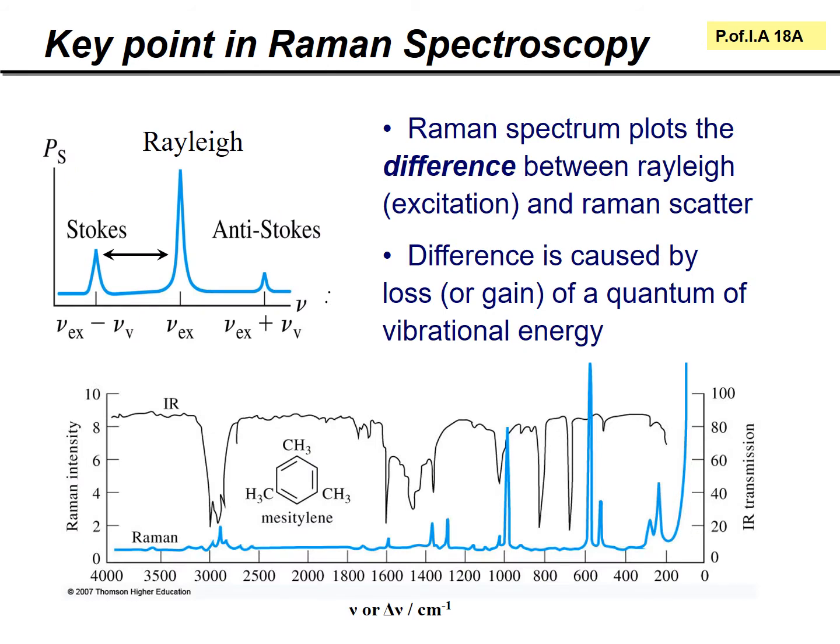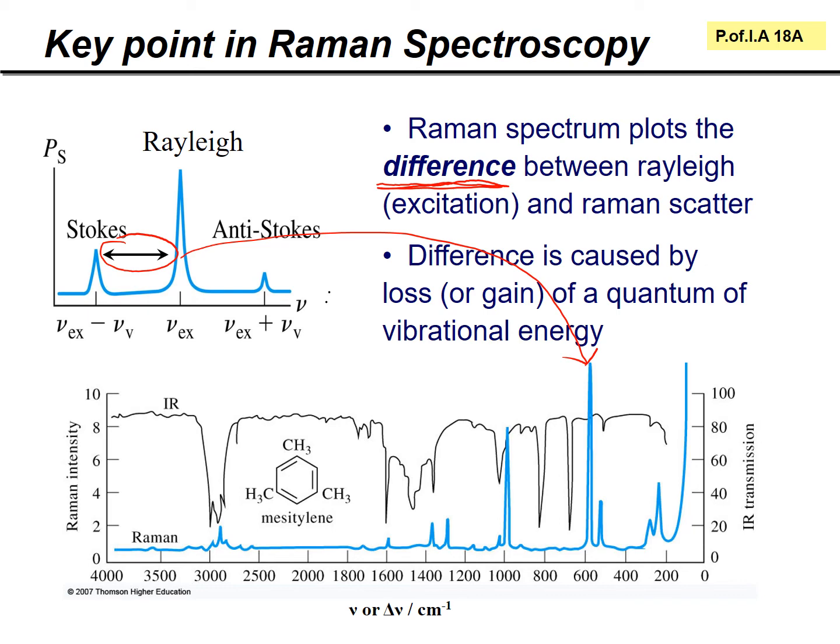So we come to the key point then in Raman spectroscopy. The Raman spectrum plots the difference between the excitation, the incident photons, and the Raman scattered photons. So we take that difference, as indicated here, we calculate what it is, and we plot it.